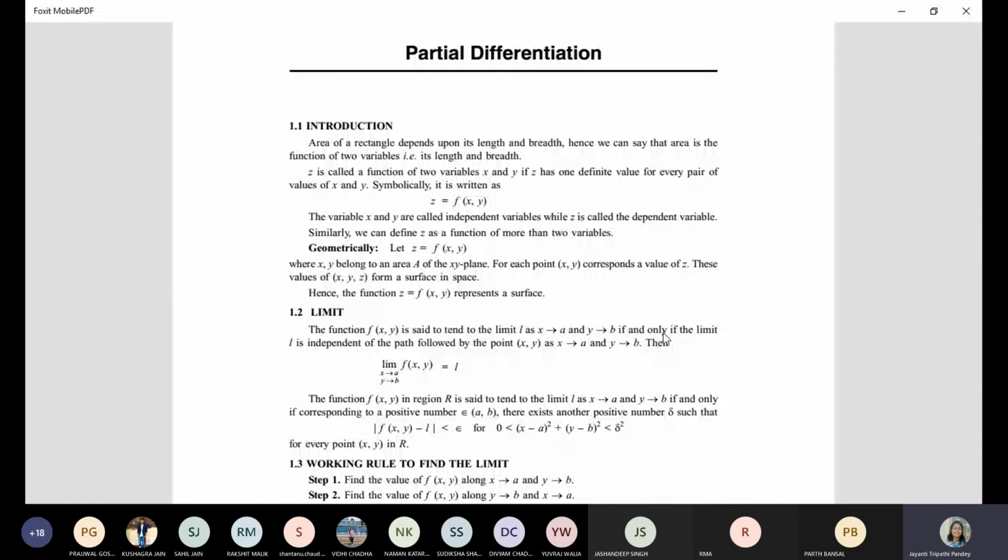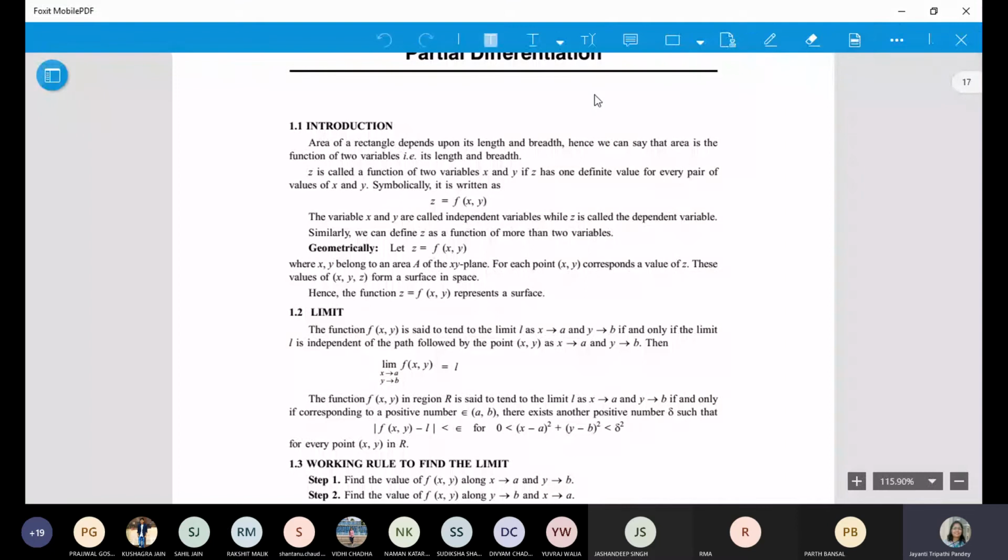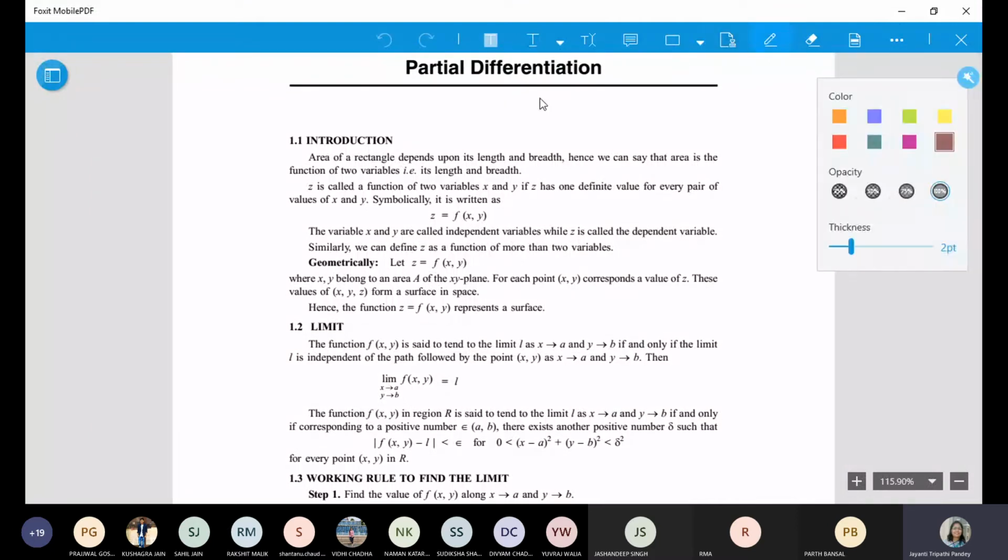The next chapter that we have to do is partial differentiation, and partial differentiation simply suggests that your dependent variable has more than one independent variable. Like you are dealing, suppose you are dealing with plane. Now the function till now what we were writing, y is equal to f(x) type of thing, right?